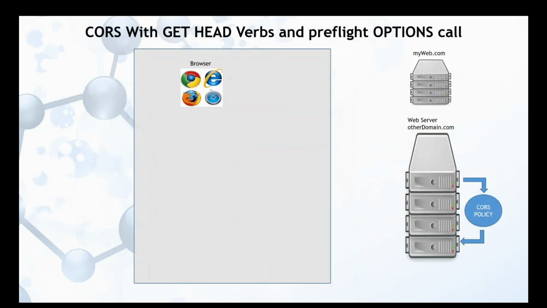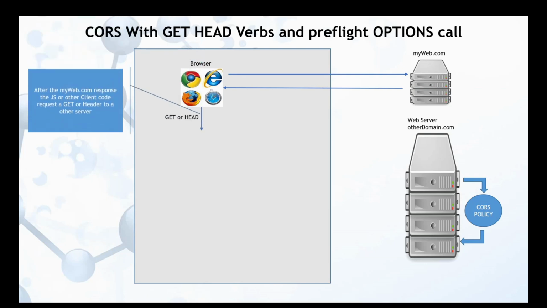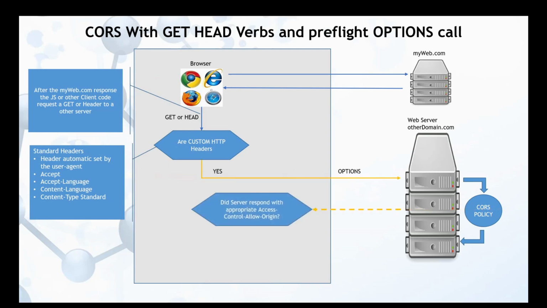Let's see now the previous case, but now we introduce a custom HTTP header in the GET or HEAD call from the browser. For example, the authorization header is used. In this case, because a custom header is present, the browser sends a preflight request using the verb OPTIONS to ask the server if it authorizes sending the resource. The OPTIONS preflight has the protocol information about the real request.